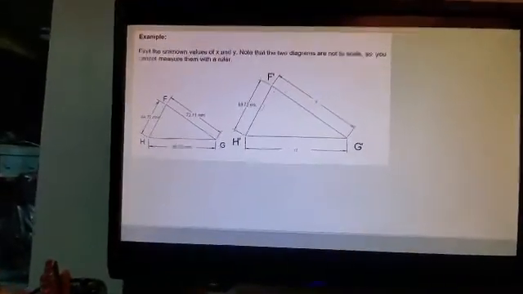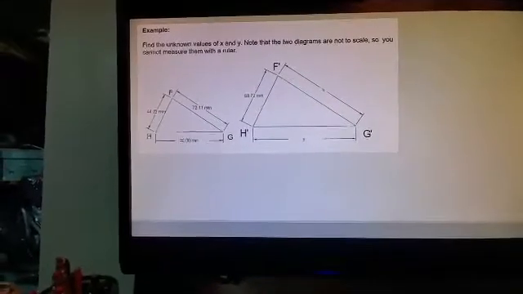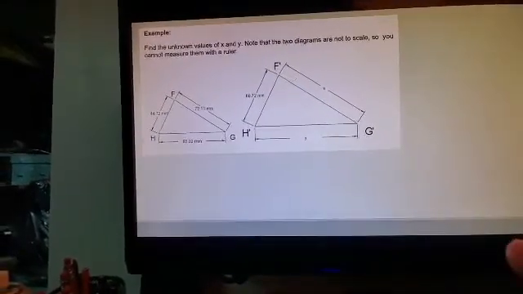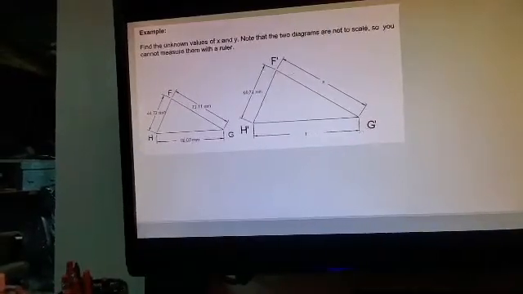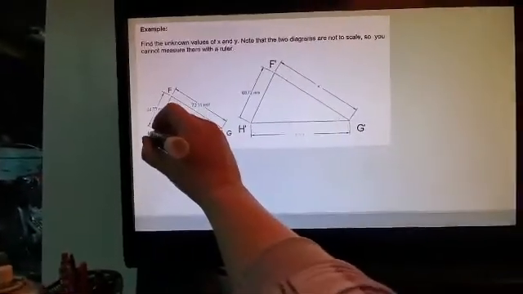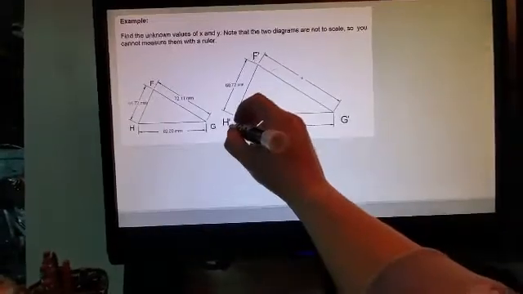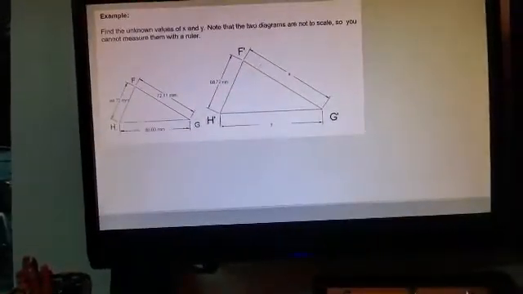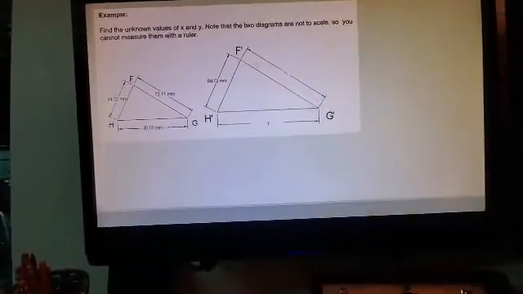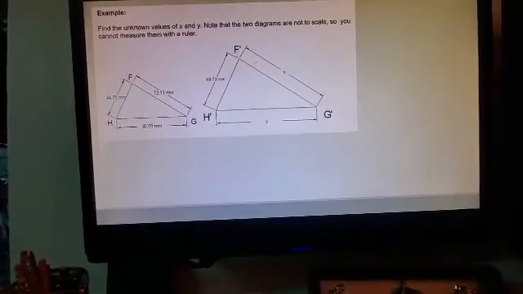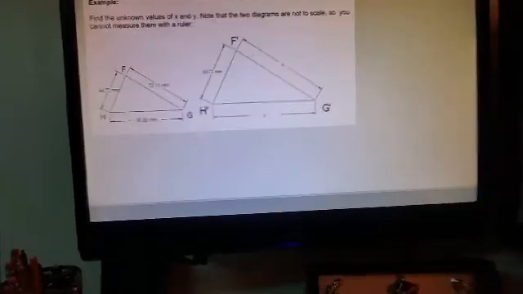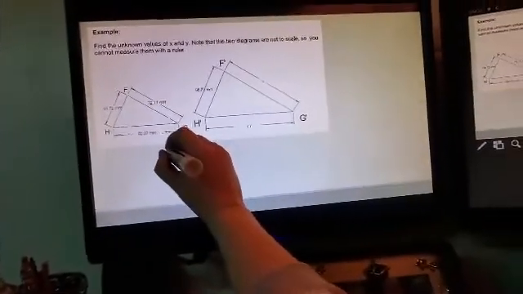So what we're going to do is pick one of our knowns and an unknown. So first, we know that h and f prime are similar. So you can either put your primes on the top or your originals on the top, doesn't matter. To save a step, we're actually going to put primes on the top.